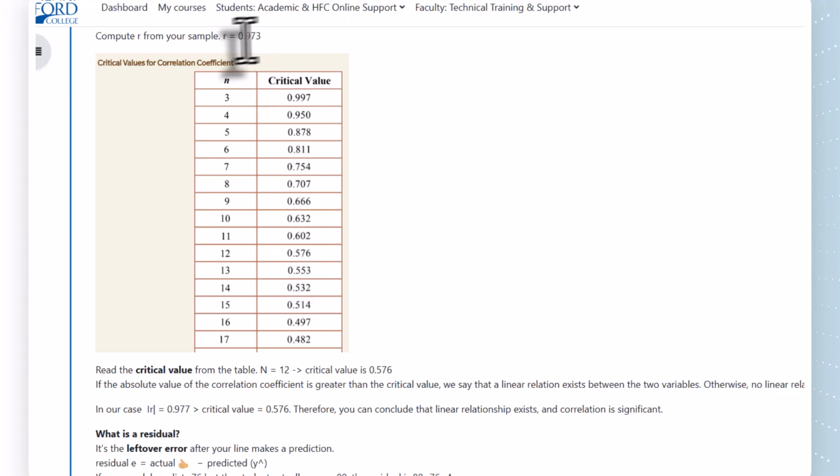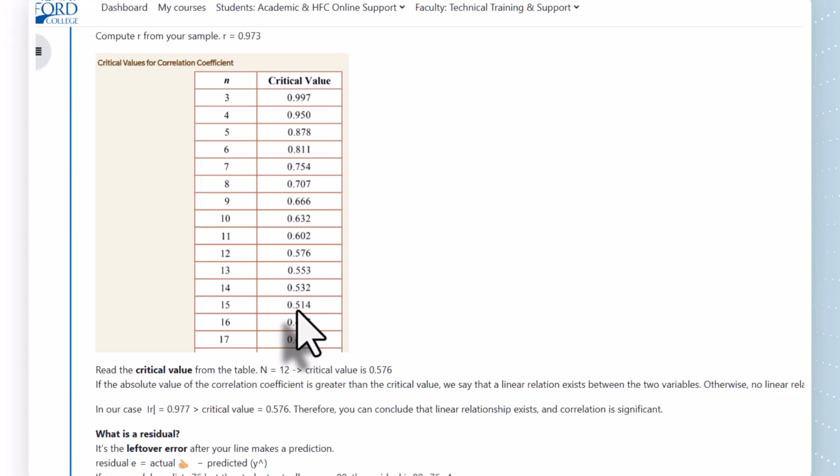If the 0.977 in absolute value is greater than the number you found using the table, then you can say that a linear relationship exists between the two variables. If this number turned out to be smaller than the number you found using the table, then you say no linear relationship exists between the two variables.